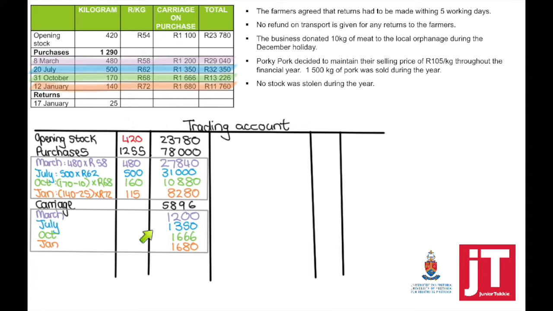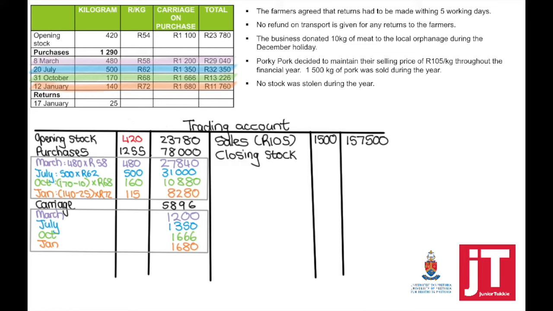If you add the carriage, that equals 5,896. Now, they provided us with the sales. They said it's 105 per kilogram and the total number of units sold is 1,500. So to work out the total sales, take per unit times the number of units.